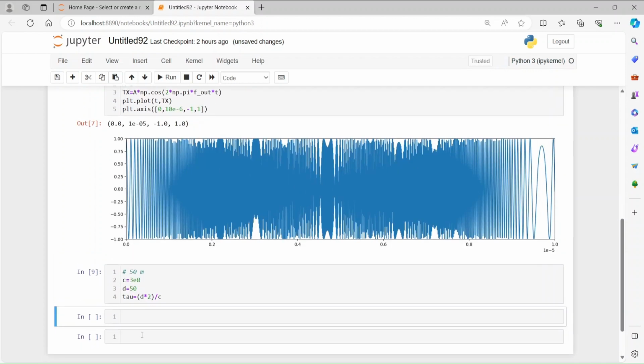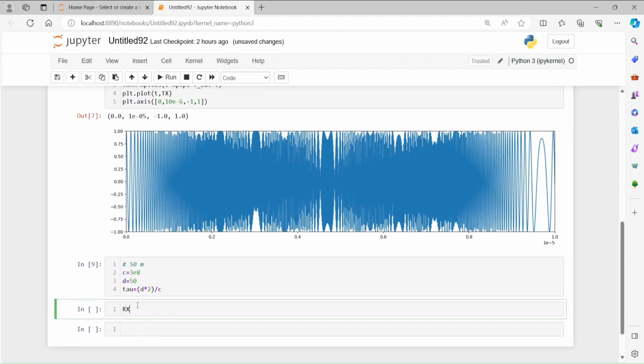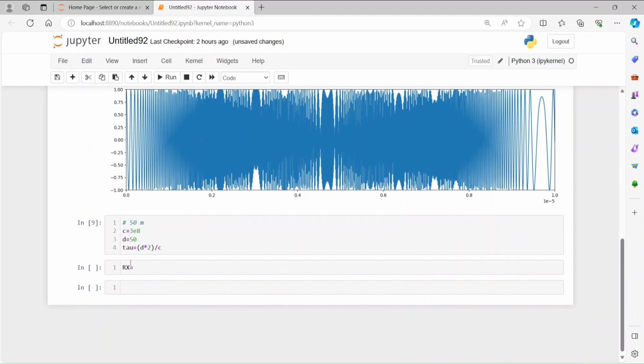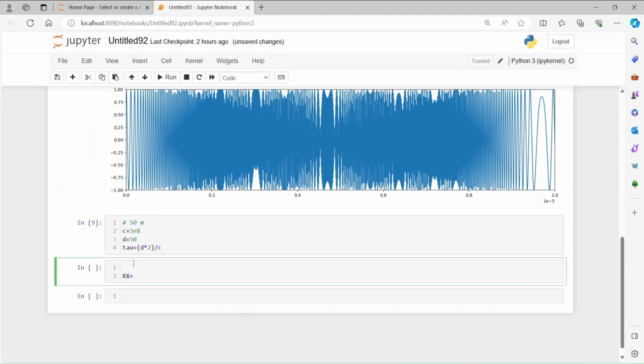Now, the received signal rx is exactly the same thing as the tx, but we need to add the time delay. Before we do that, we have to fix the frequency as well. For the frequency component, I'm copying the output of the LFM modulator, and here we have to add the time delay, tau, with the time vector, putting it in a rounded bracket.